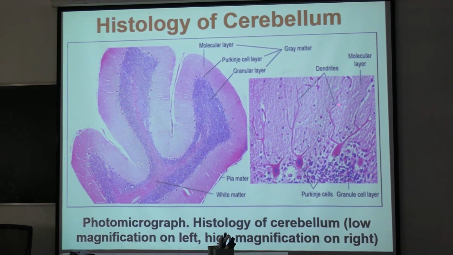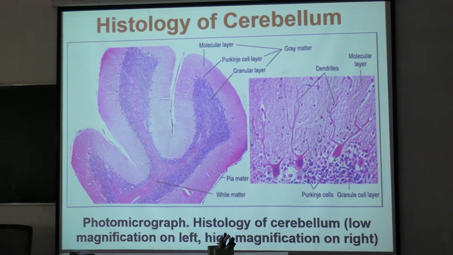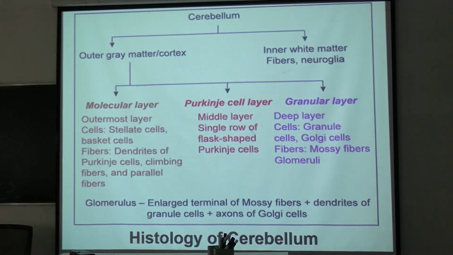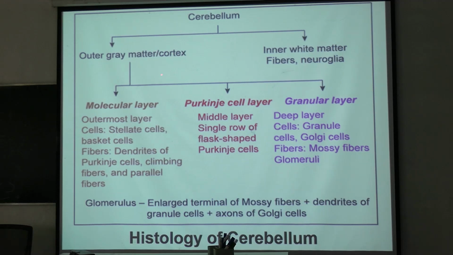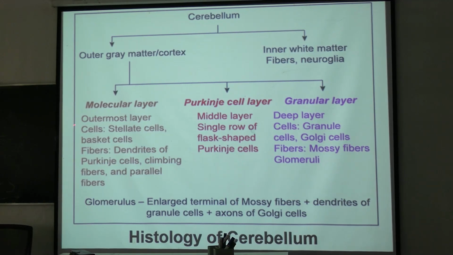So, and this is the enlarged view. This pink portion is forming the molecular layer. This is the Purkinje cell layer, and this is the granule cell layer. Okay, so these are the three layers of the cortex in enlarged view. So outer gray matter or cortex is formed by the molecular layer, Purkinje cell layer, and granular layer.